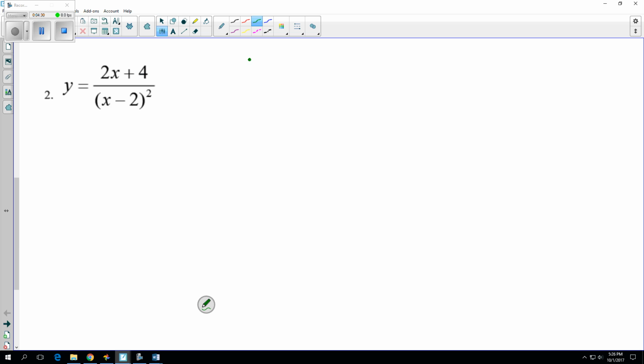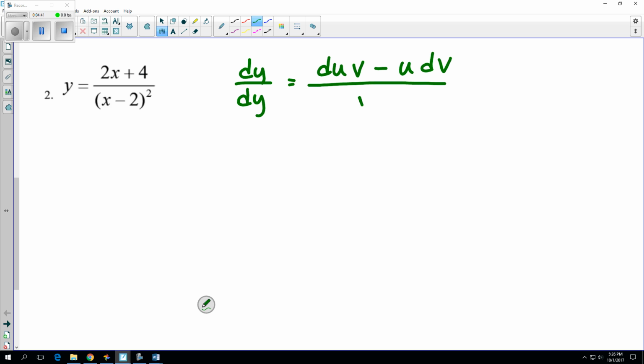All right, applying what we proved earlier, dy/dx is, again, the derivative of the top times the bottom, minus the top times the derivative of the bottom, over the bottom squared. So making note that this is my u, this is my v. They are both functions of x. I kind of get that little saying going: the derivative of the top.